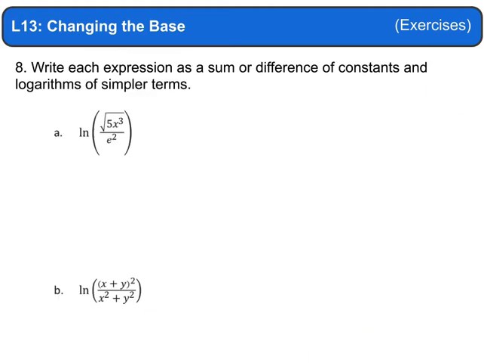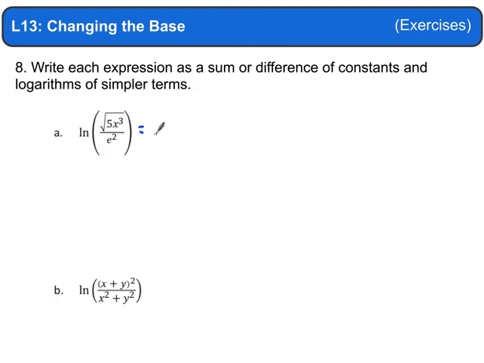And then in number 8, they want us to go the opposite direction. They want us to expand these logarithms. So we see we have a radical over all of this. So all of this is going to get a 1/2. And then you're going to get a division, so as a minus sign, when you get an e squared.